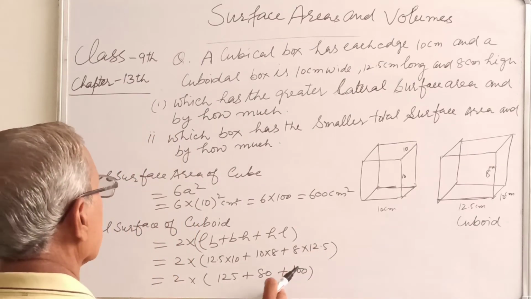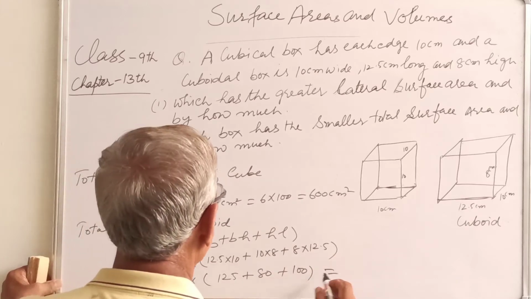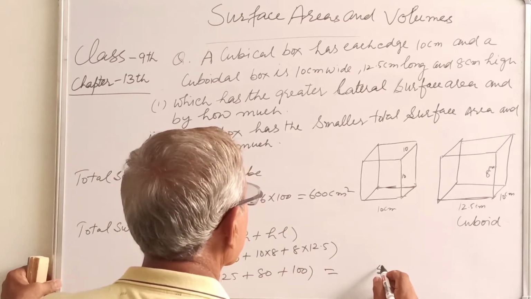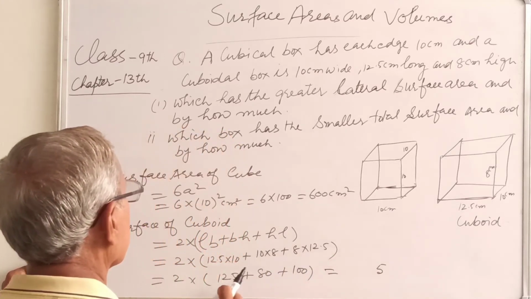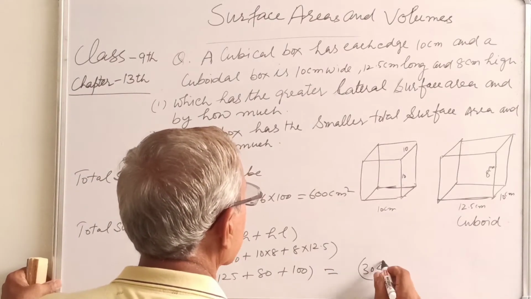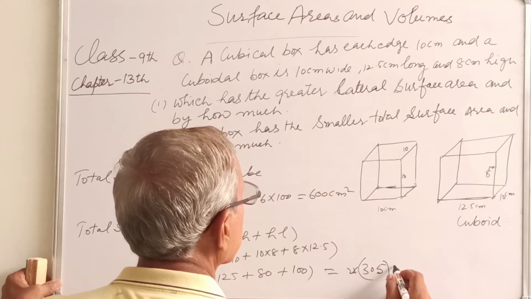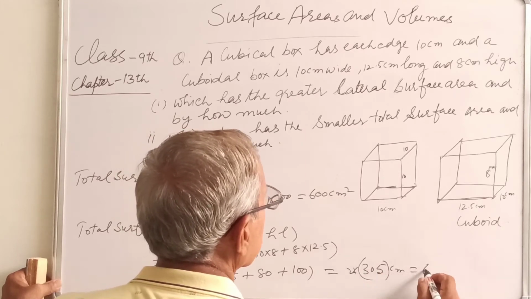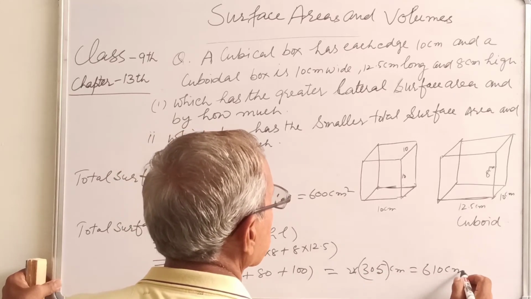The total will be 305 multiplied by 2, 610 centimeter square.